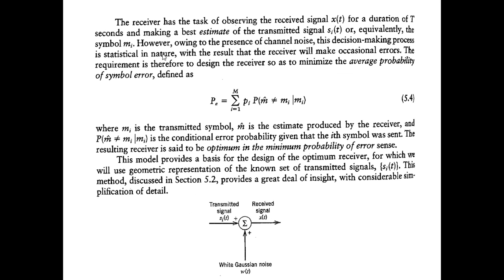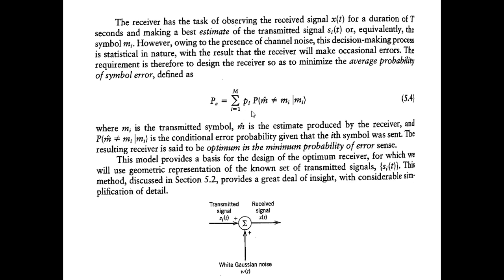However, owing to the presence of channel noise, the decision making process is statistical in nature, with the result that the receiver makes occasional errors. The requirement is therefore to design a receiver that minimizes the average probability of symbol error, defined as the average probability of symbol error over all the symbols.